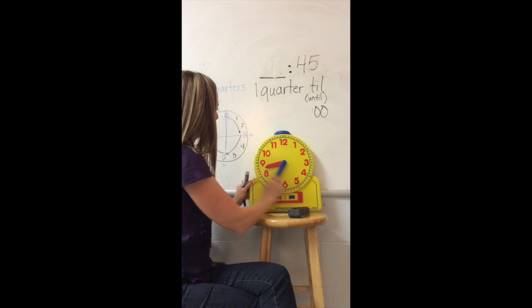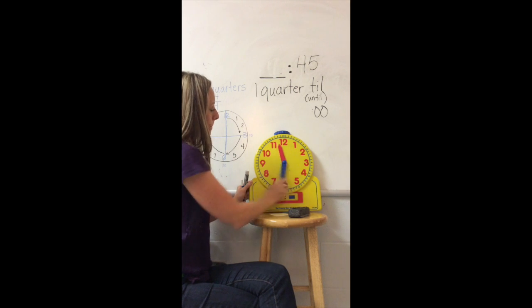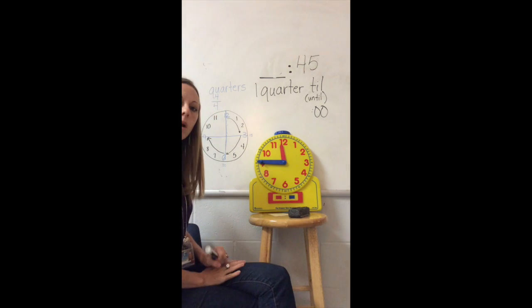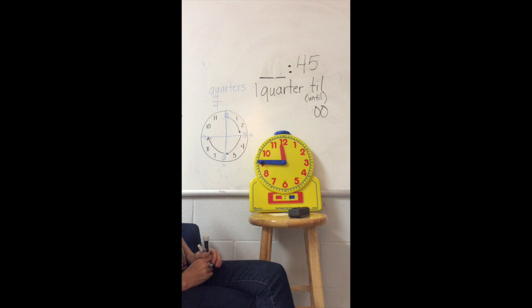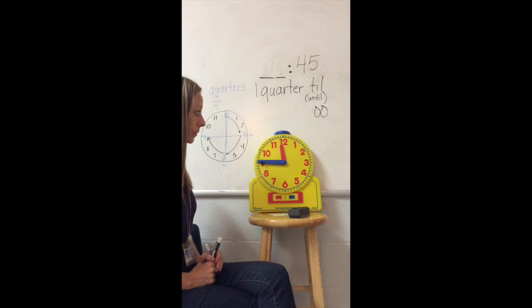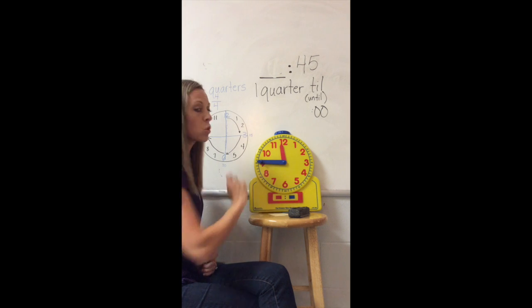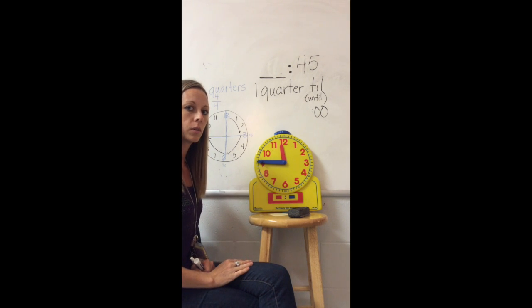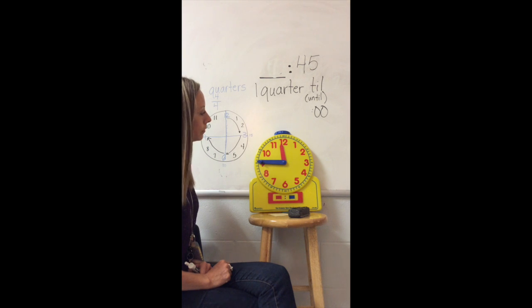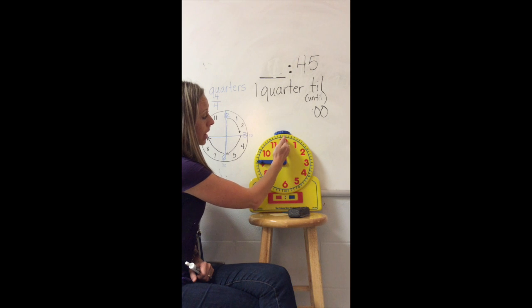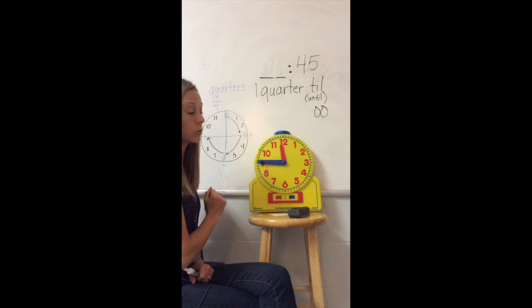Let's try another one. All right, let's move my clock here. Boom. What time is it? Is it 11 or 12? It's not 12 o'clock just yet. Why? That's right. The hour hand has to be smack dab on the 12 in order for it to be 12 o'clock.